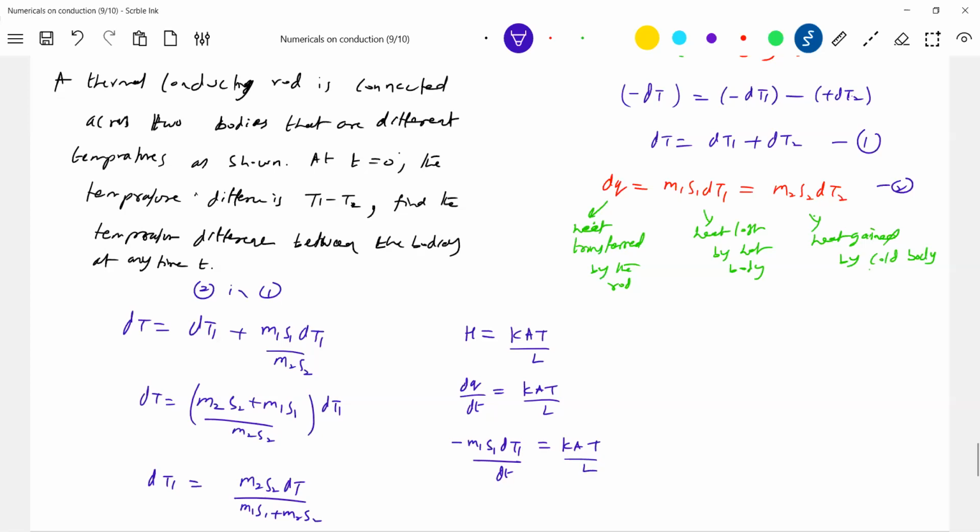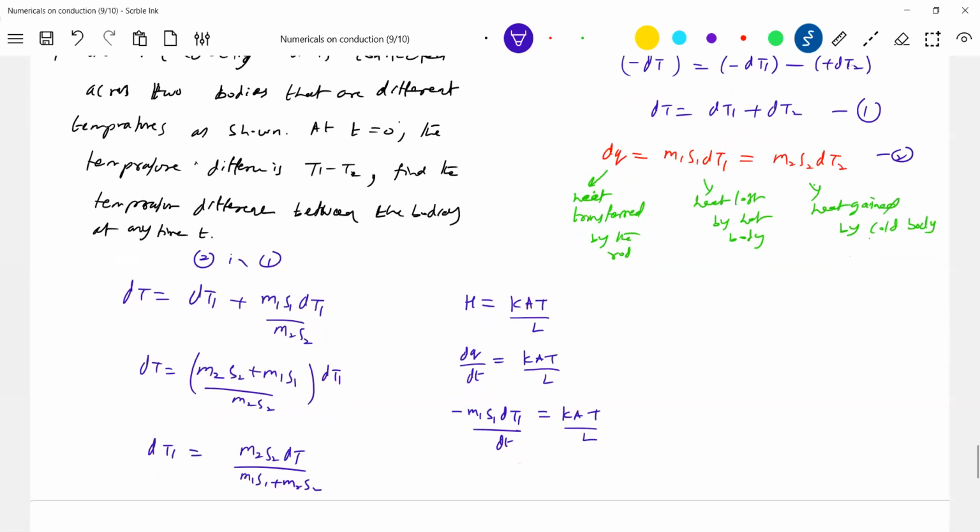What is dT1? Already we have solved it. I'll substitute this: minus m1 s1 m2 s2 by m1 s1 plus m2 s2 dT by dt. This should be equal to KAT by L.